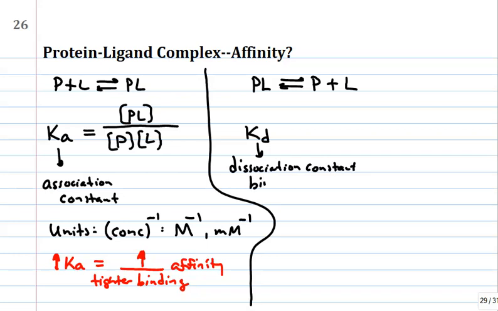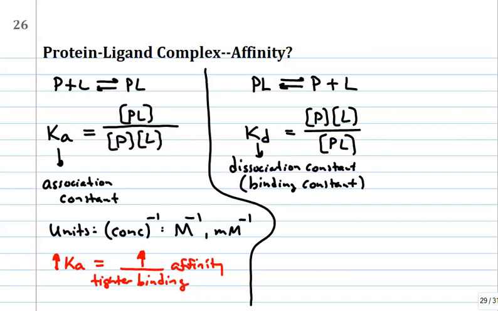It's also called the binding constant. It equals the following. Well, it's just kind of the inverse of what we had a while ago. All right, so the dissociation constant is this.